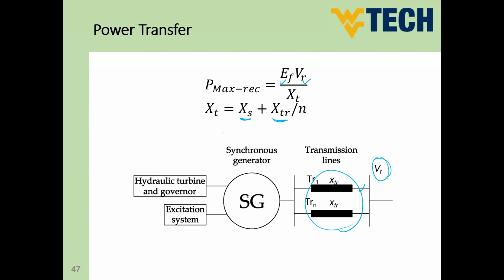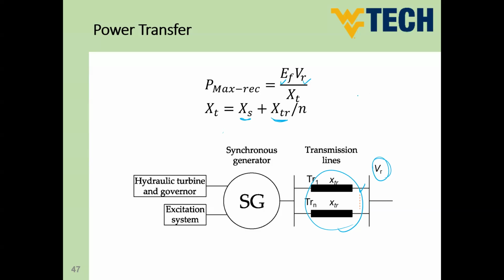So in this case, guys, the power received here is going to be a function of the transmission line reactances in our circuit. For that, guys, in transmission systems, the transmission reactance is very important. We use what's called STATCOM.